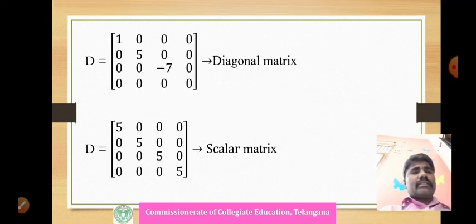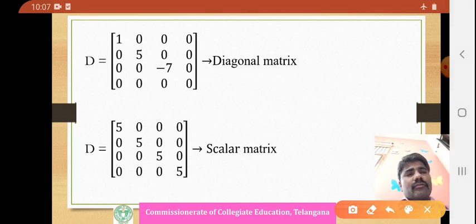First one is the diagonal matrix. This is a diagonal matrix of order 4, a square matrix of order 4. This is the principal diagonal, and the elements other than the principal diagonal are all zeros.